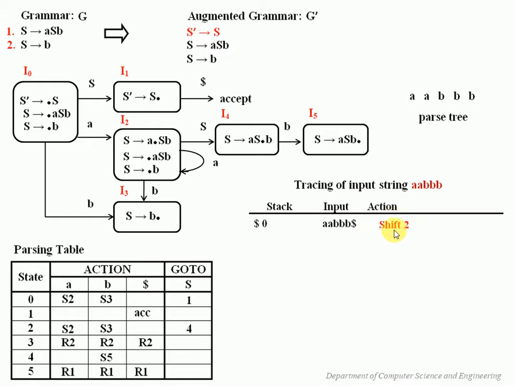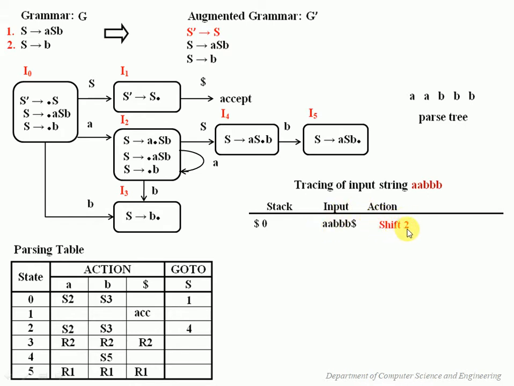What do you mean by a shift operation? If you recollect, if the action is a shift operation, you need to push 2 to the stack and advance the input pointer. So two things you need to do when there is a shift operation.